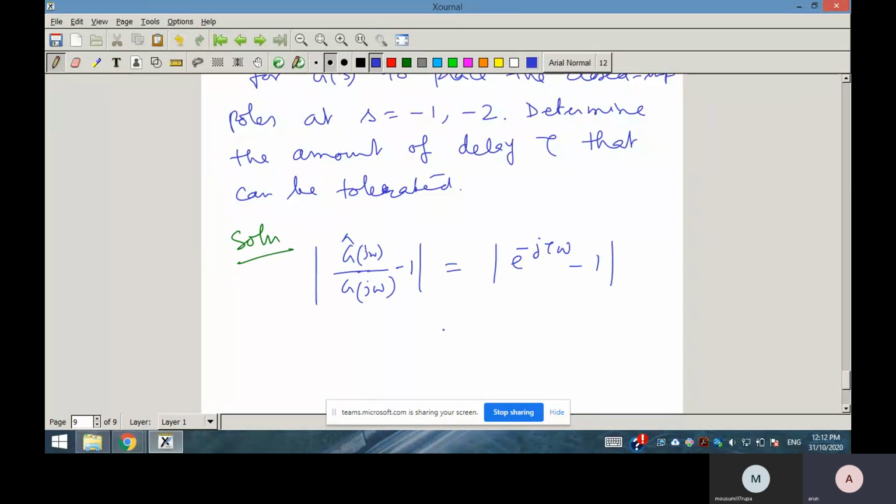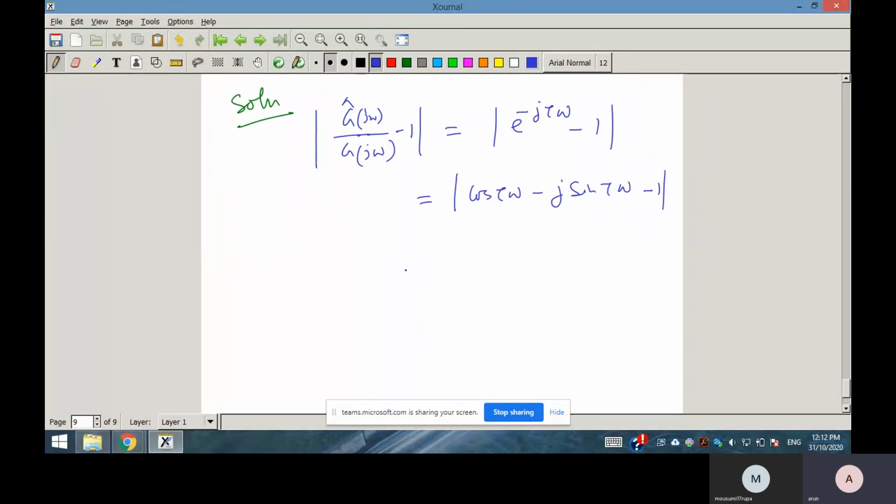So this you can write as cos tau omega minus j sine tau omega minus 1.